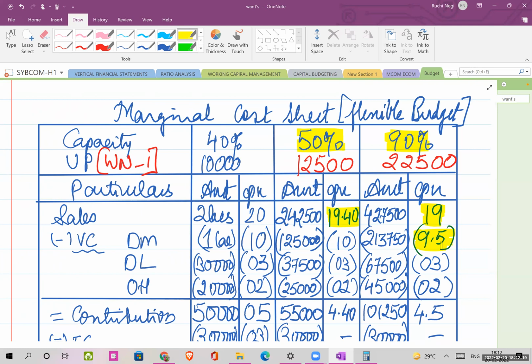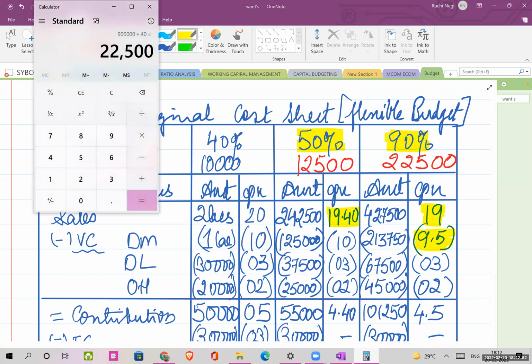Everything else will remain constant, because the question has not specified any increase or decrease for other expenses. As discussed in past questions, in absence of information, direct labor, overheads, and fixed cost will remain the same. So for variable cost, the CPU column will remain the same, and for fixed cost, the amount column will remain the same.